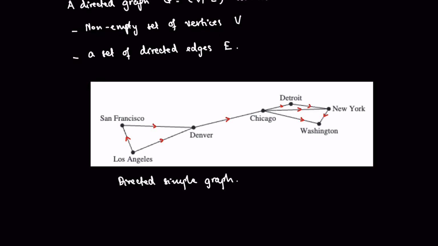So for a directed simple graph, all the properties of a simple graph should follow, except for the last condition, that is, the graph is directed. So the first condition is that each edge connects two different vertices, no two edges connect the same pair of vertices, and there should be no loops in the simple graphs. Right? And in this case, it's a directed simple graph.